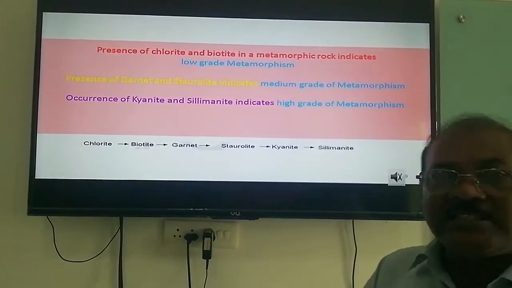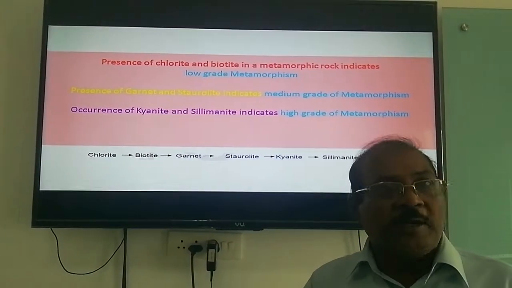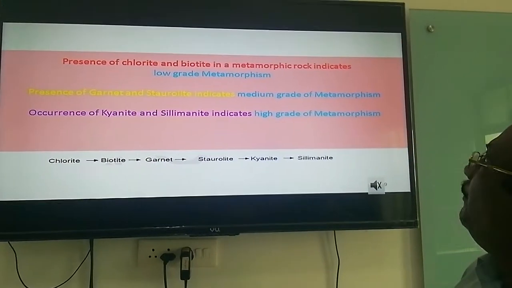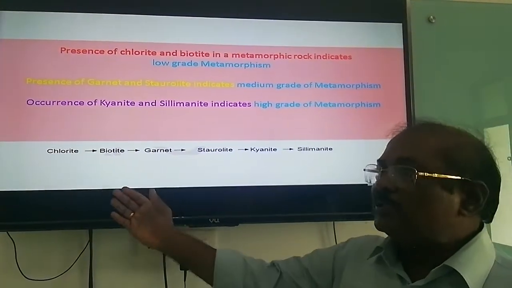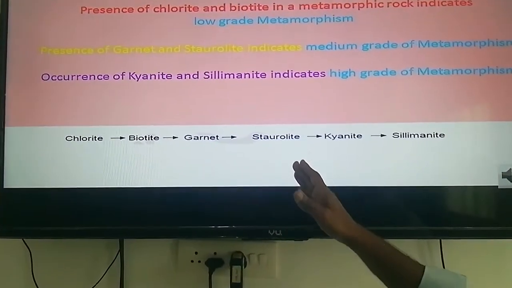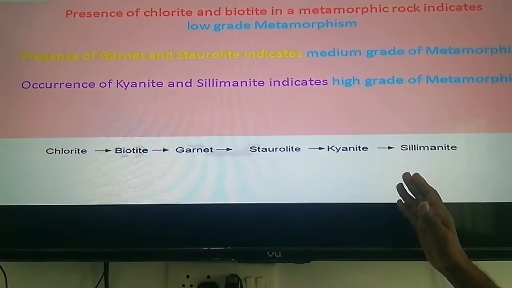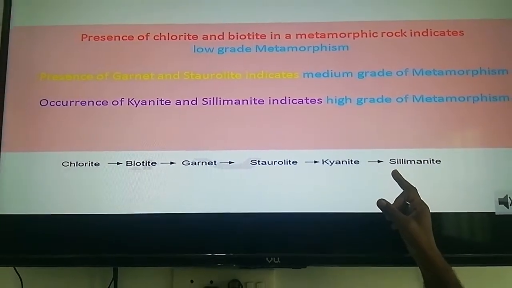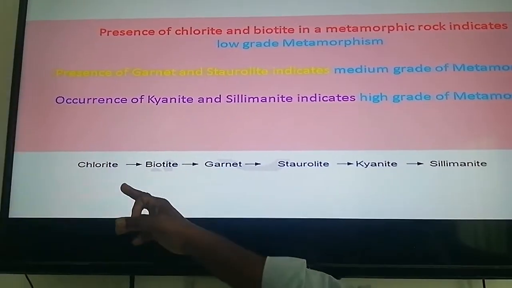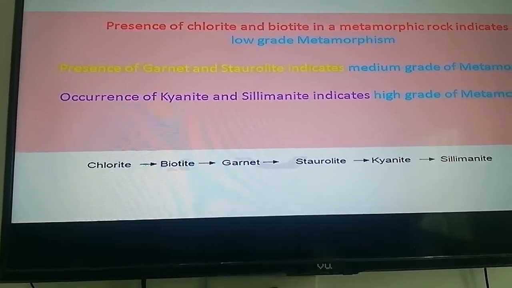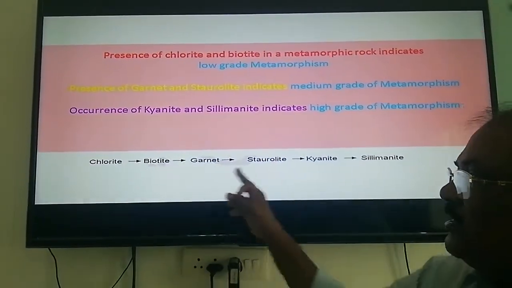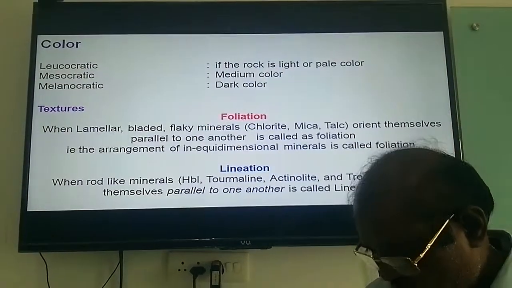Similarly, if kyanite and sillimanite minerals are noticed, that shows high grade metamorphism. So, chlorite, biotite, garnet, staurolite, kyanite, sillimanite. Sillimanite is the best example for high grade metamorphism, whereas the presence of chlorite indicates low grade metamorphism. These are the series of minerals.